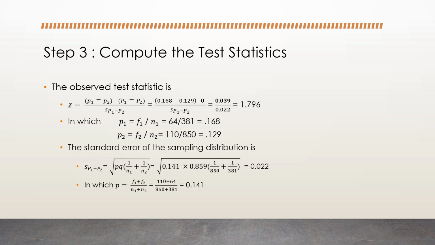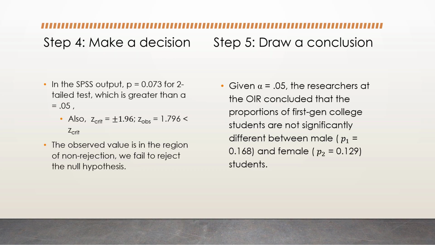Looking this up in a z-table gives a p-value of 0.073. Because p equals 0.073 is greater than alpha 0.05, we fail to reject the null hypothesis.